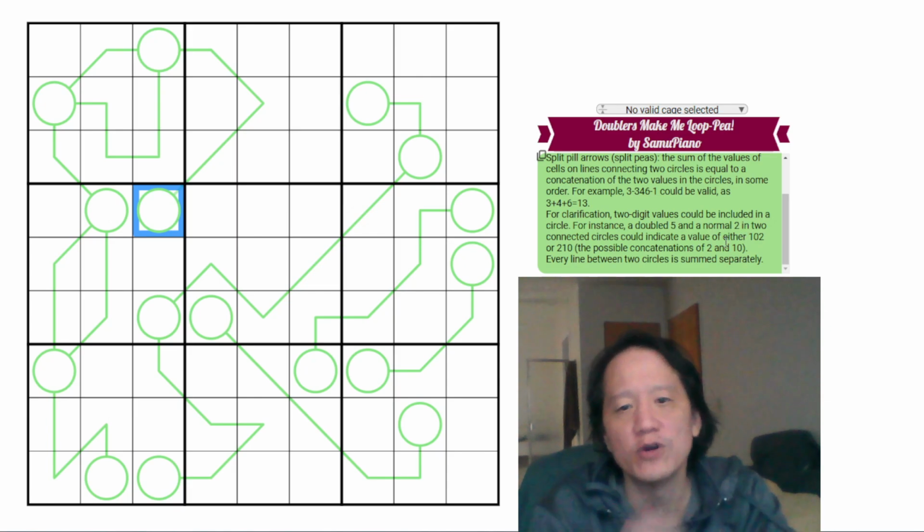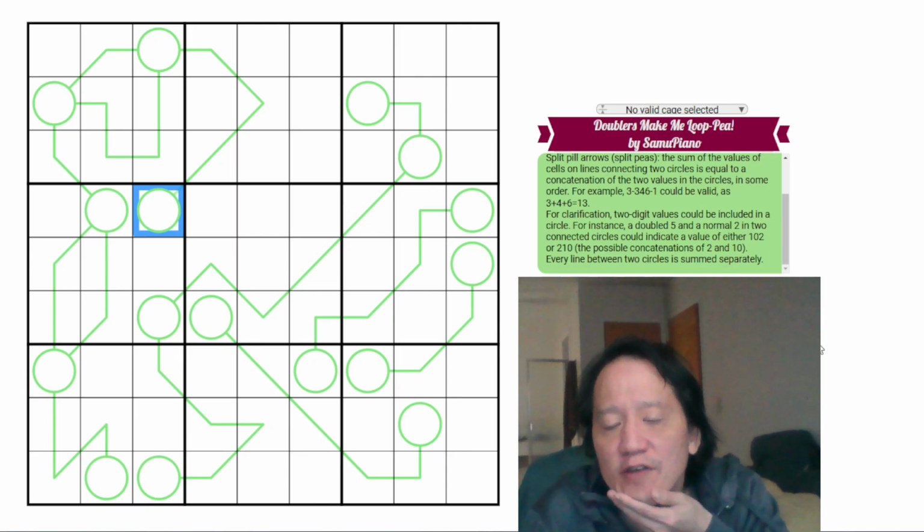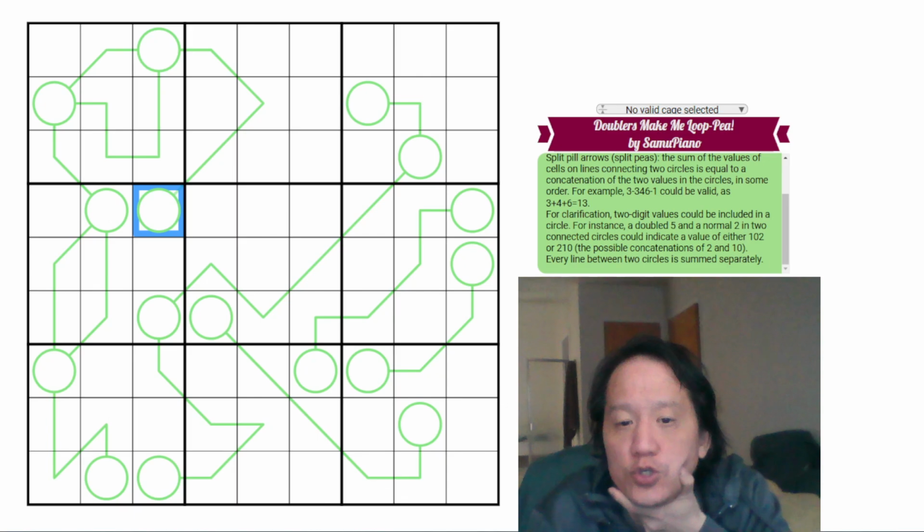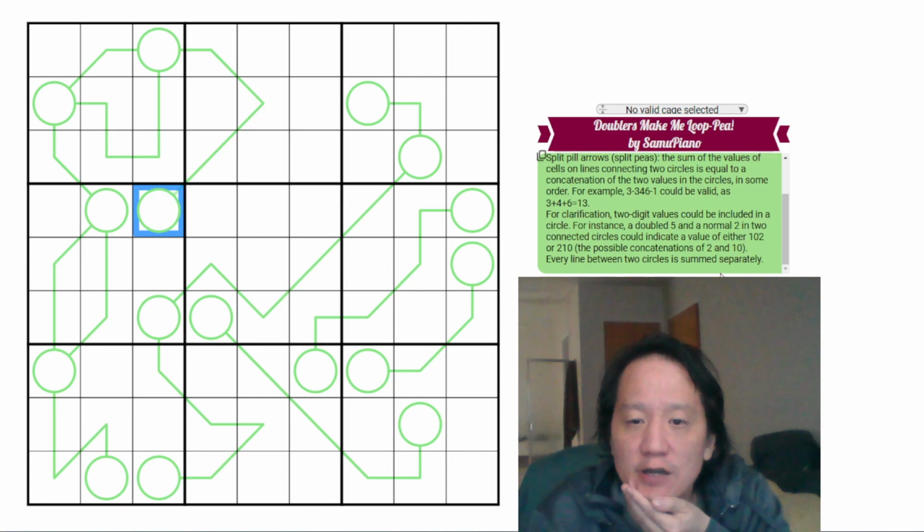For instance, a doubled 5 and a normal 2 in two connected circles could indicate a value of either 102 or 210, the possible concatenations of 2 and 10. Every line between two circles is summed separately.